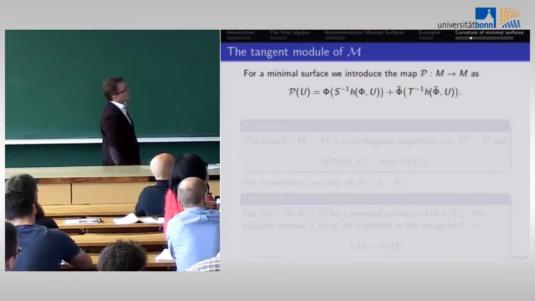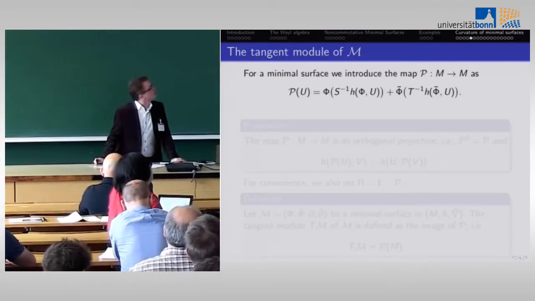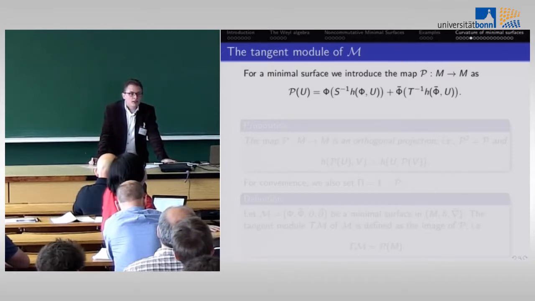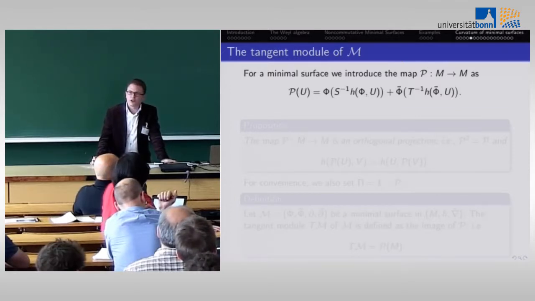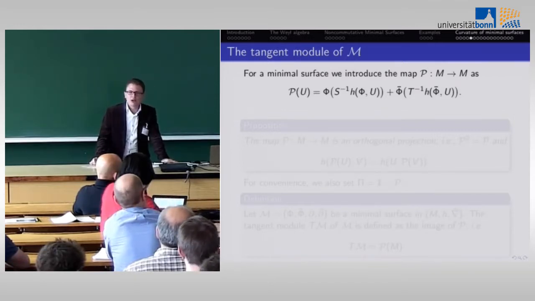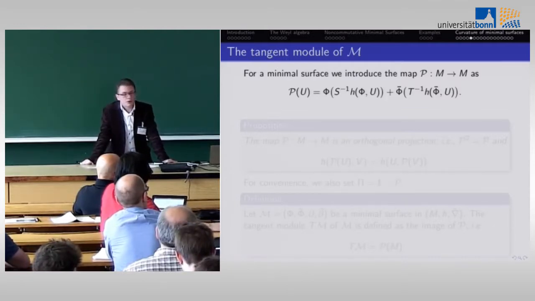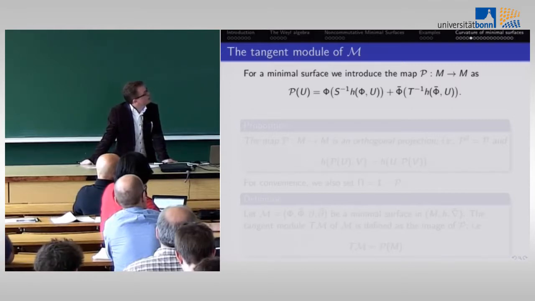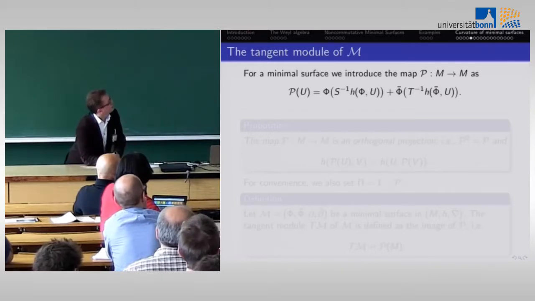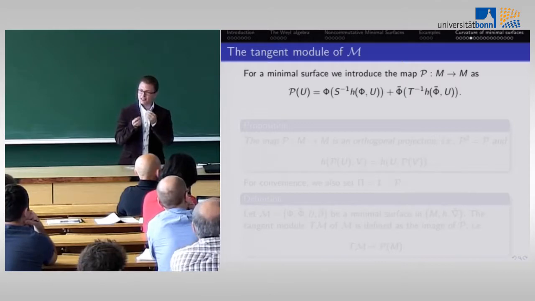Okay. So now let us try to find the tangent module or tangent bundle of our minimal surface, something we would call the tangent module, to be able to compute the curvature of this module. And we also want to find a connection on the surface to be able to compute things, right? So we introduce the map P. Now, if you look at this one, it includes the inverse of S, and T had to do with scalar products of the phis.